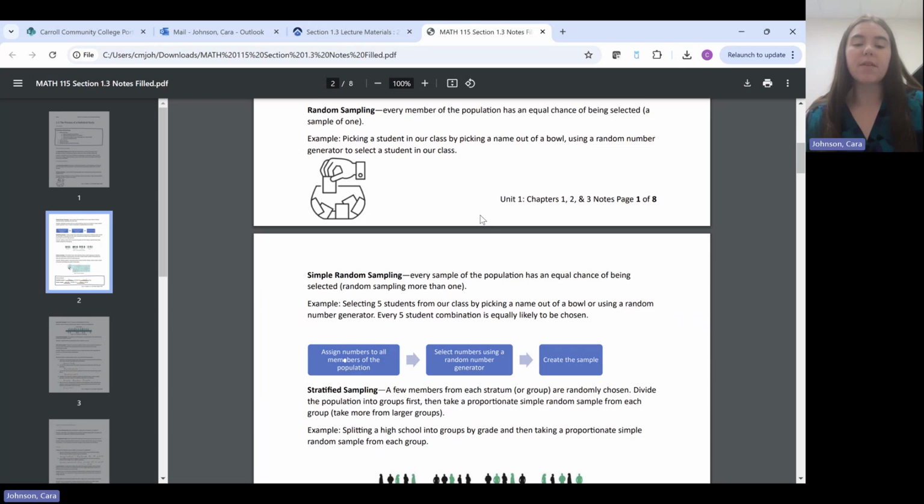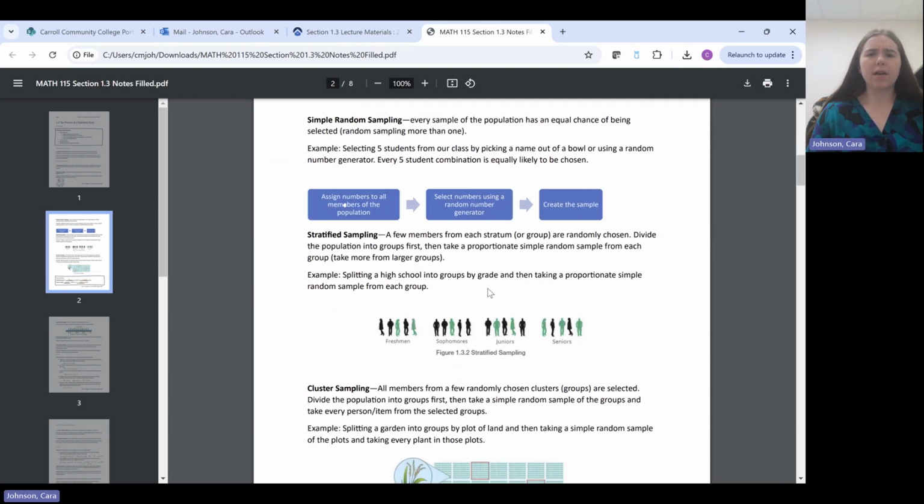So simple random sampling is actually what we're talking about. We're actually collecting a sample using the process of random sampling. So simple random sampling is selecting a sample using random sampling, basically. Every sample has an equal chance of being selected. Basically, it's random sampling for more than one person. So to give some examples there, selecting 5 students from our class by picking a name out of a bowl or using a random number generator.